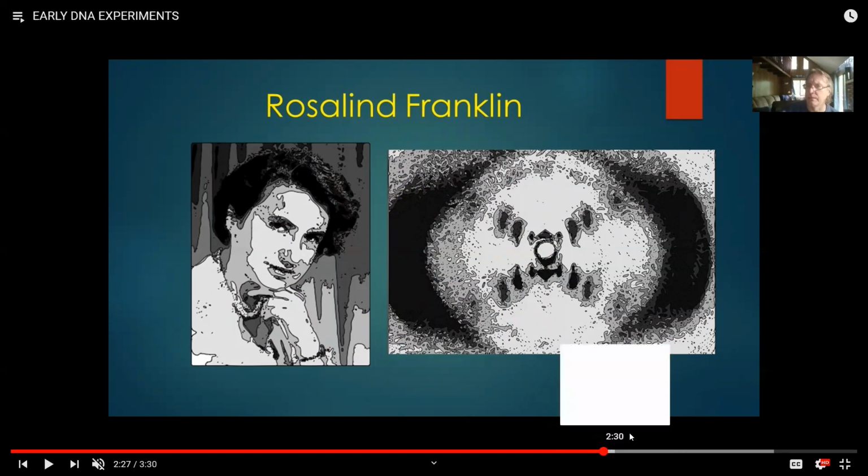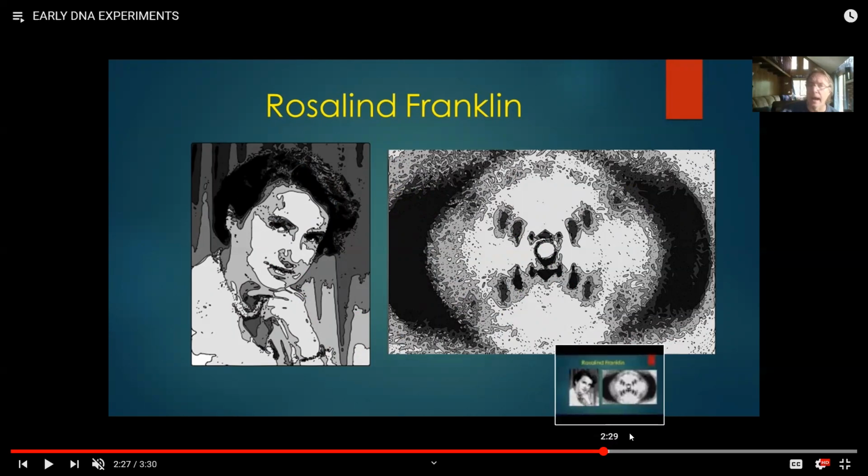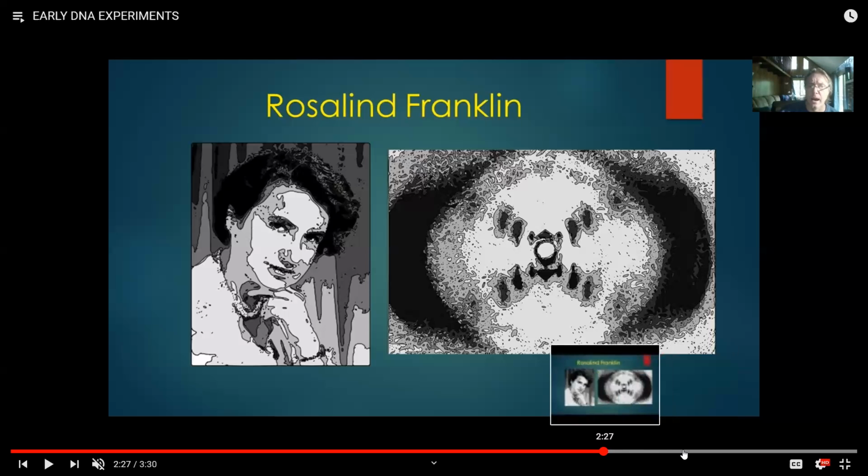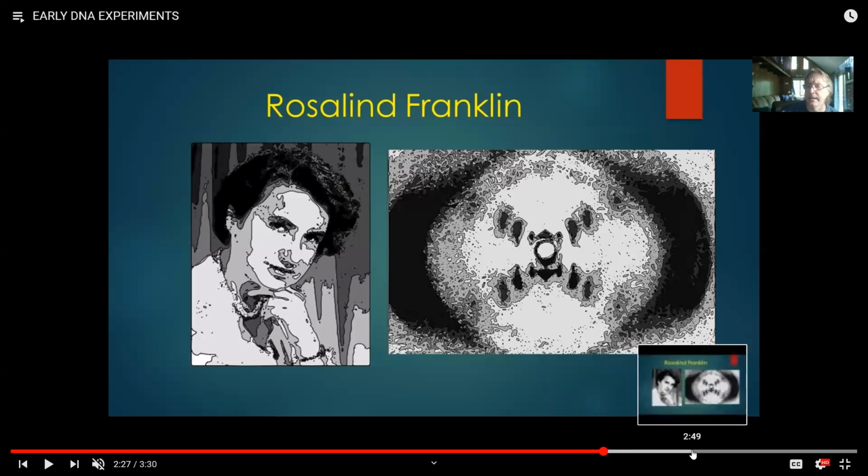Unfortunately, because of her untimely passing, she could not be given a Nobel Prize for her work, and her role was not fully appreciated until after her death, and probably at least part of that was due to women not having the prominent role that they deserved in scientific discussions and the like. And once again, her work was not appreciated until later.